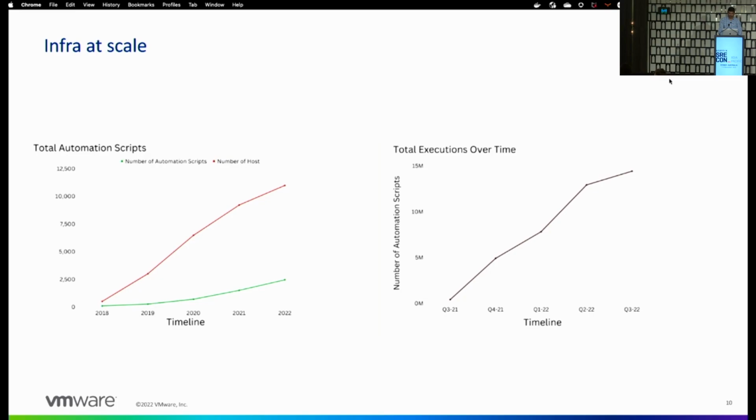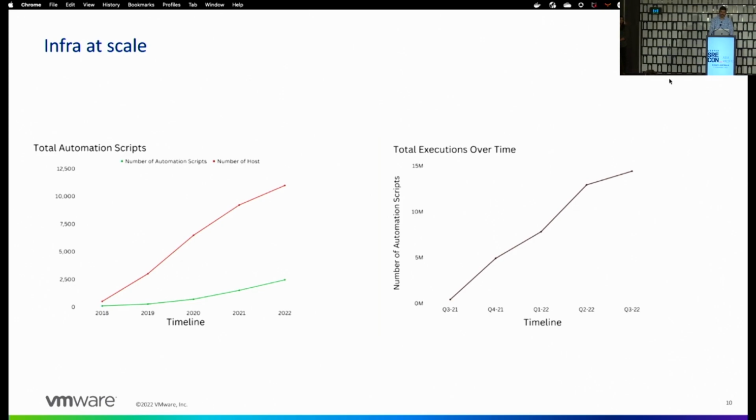Just before she comes in, what we are talking about here is the scaling aspect. These are a couple of stats we have brought in. You can see the current automation scripts are close to 2500, running against a good number of hosts. In the current quarter the number of script executions has reached 15 million, and we anticipate at least 20 plus million by the end of Q4.